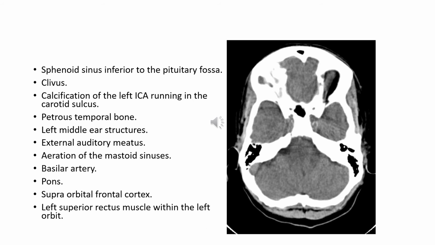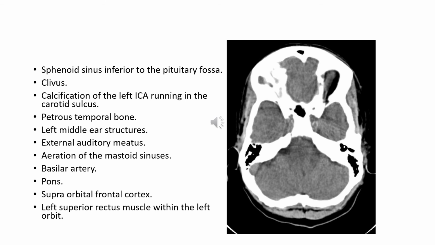The large green arrow on the left shows the petrous temporal bone, and the light blue arrow shows how this contains the middle ear structures, and we can see some air within the superior part of the external auditory meatus. Note posterior to that the aeration of the mastoid sinuses that again we've seen previously on CT slices.